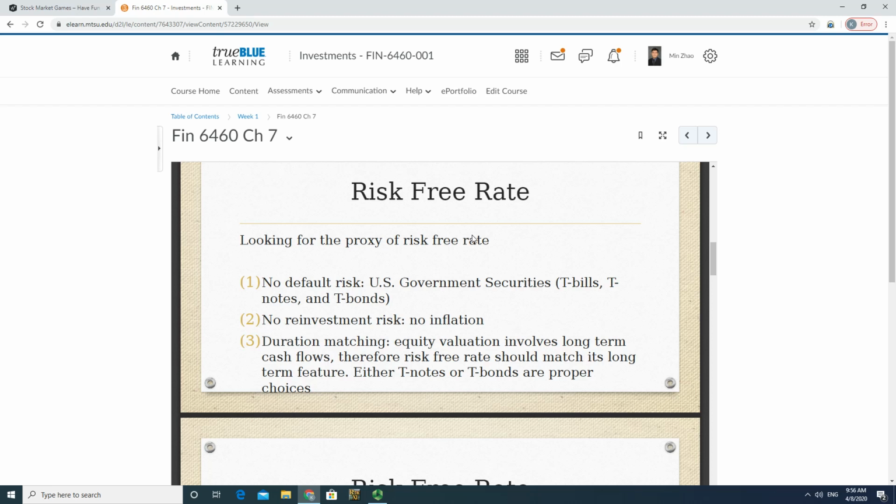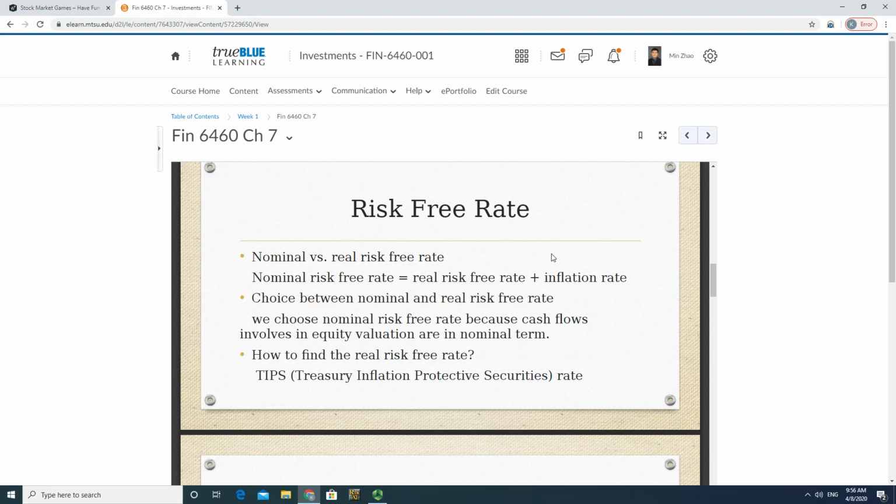Therefore, the risk-free rate should match its long-term feature, and in this case, T-bond would be the best choice. But T-bonds are coupon bonds. They carry reinvestment risk, right? And well, in reality, what is the best proxy for risk-free rates?